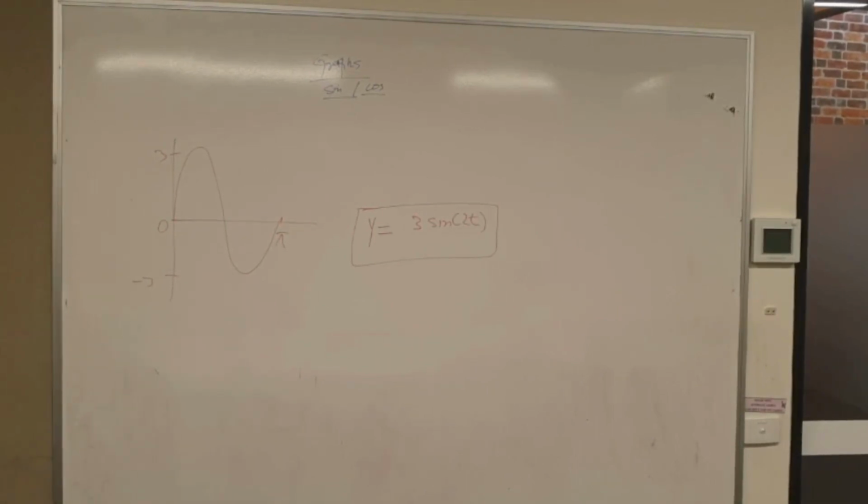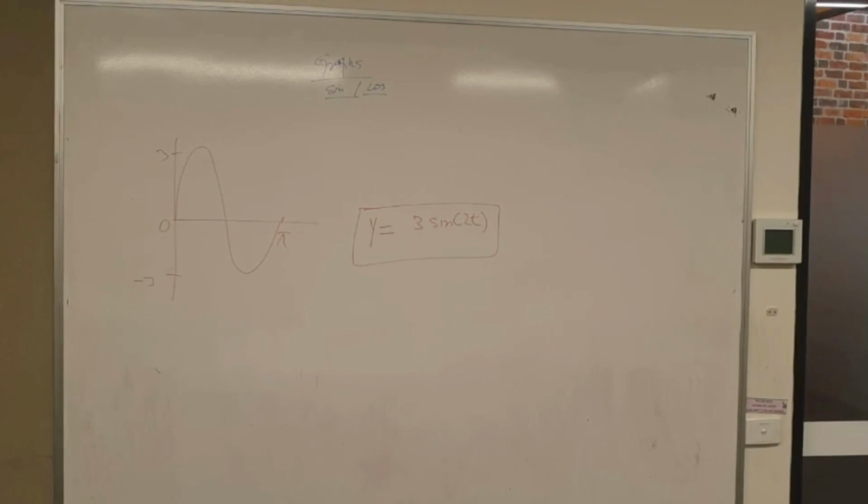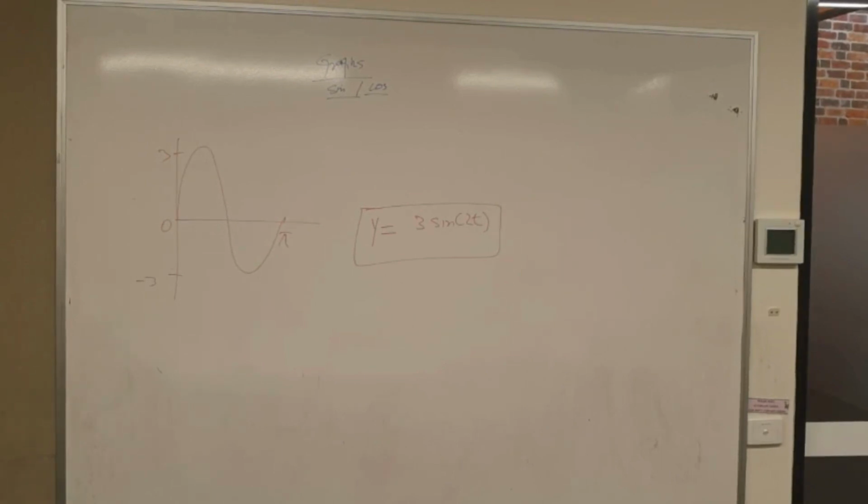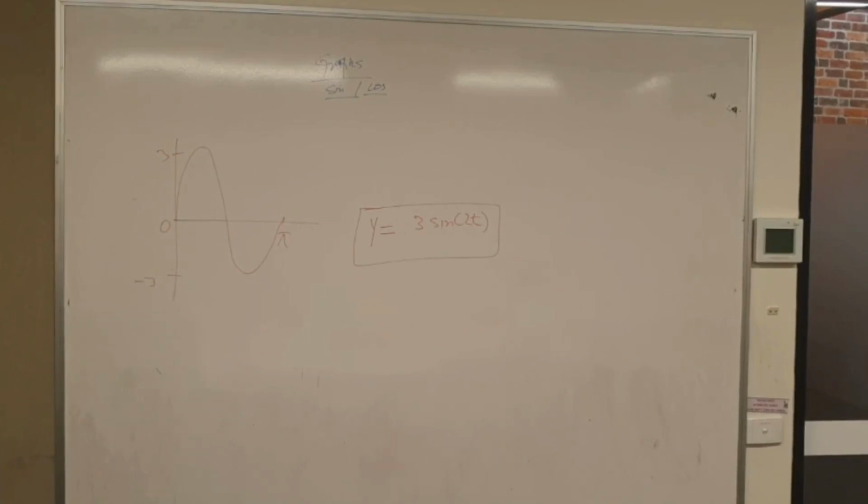Whenever you are graphing, the first thing you need to do is calculate your period, calculate your amplitude, and then draw the graph. Look at whether it is sine or cos, and just do a cycle.